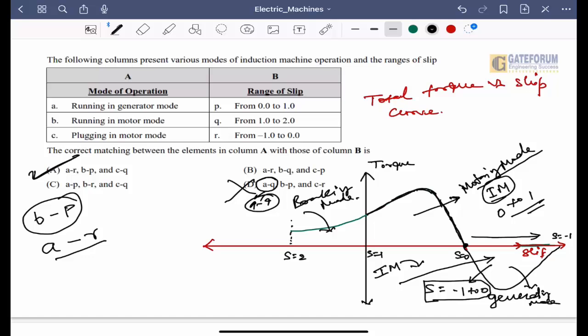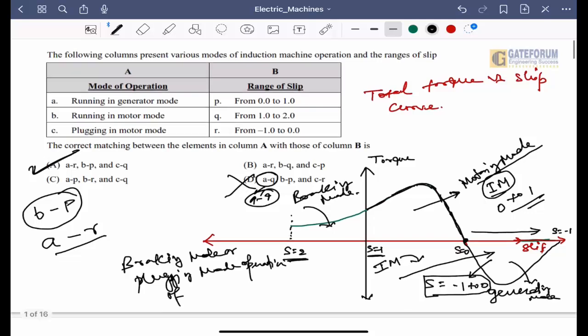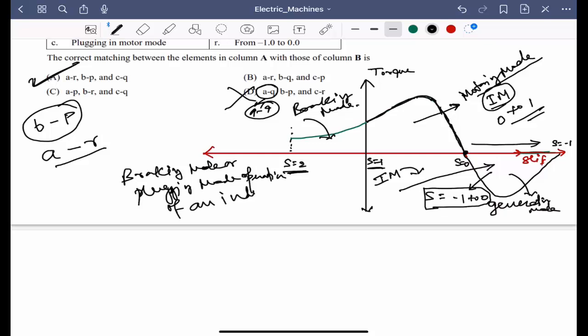So this is the braking mode, and its slip varies from what? 1 to 2. So for braking mode or plugging mode operation of an induction machine, slip will vary from 1 to 2.